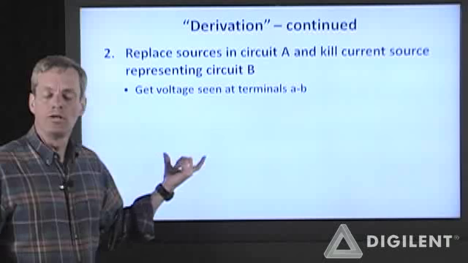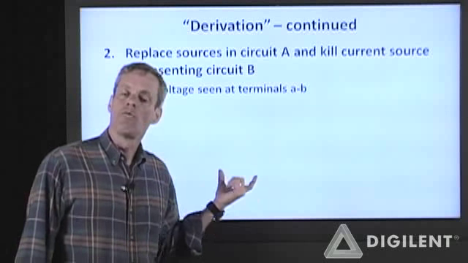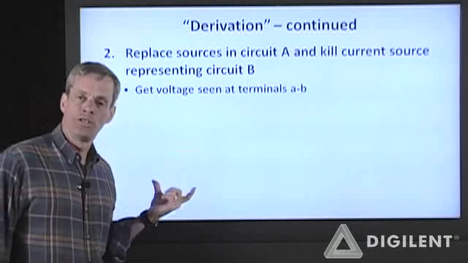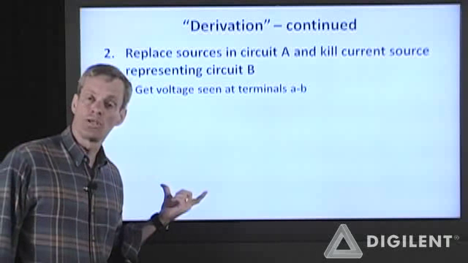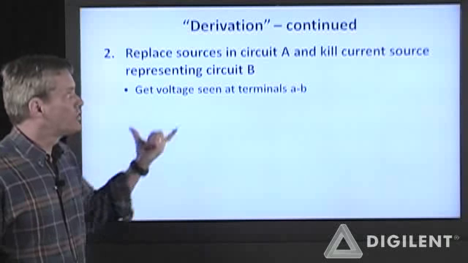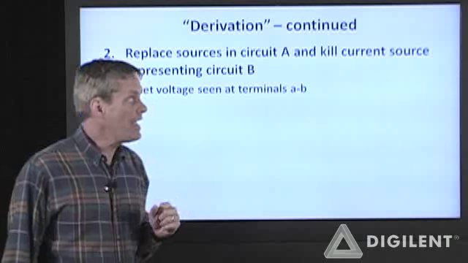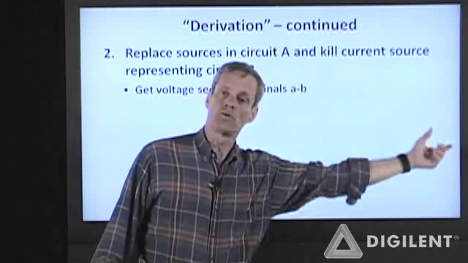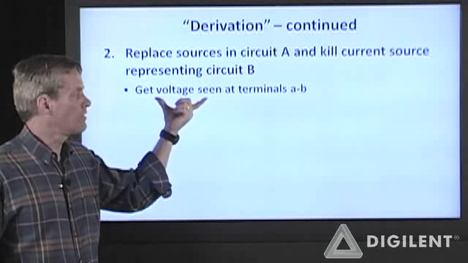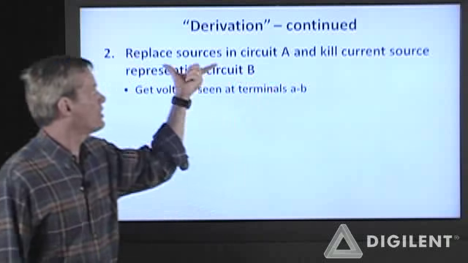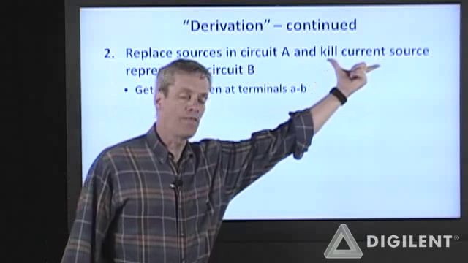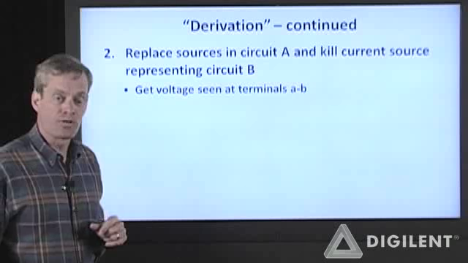So in step 1, we looked at the voltage current characteristics resulting from the sources in circuit B. Now we want to look at the voltage current characteristics resulting from the sources in circuit A. Then we can superimpose those. So now what we're going to do is replace our sources in circuit A, and we'll kill the current source that was our only source last time. Okay? So now we can get the voltage seen at terminals A, B, which are due to this source in circuit A without the current source in circuit B.